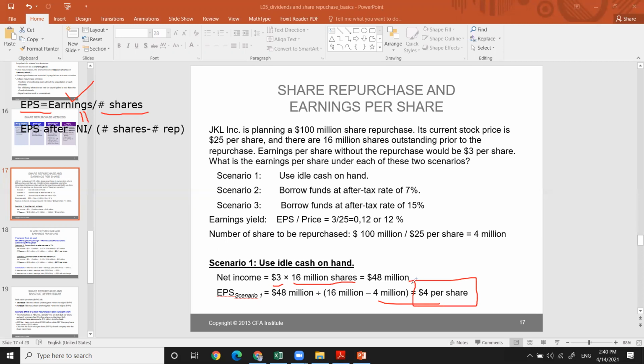The EPS will be equal. Sir, I have a question. Yes, please. As I understand how the stock market works, every time the stock is repurchased, it raises its price, right? Yes.